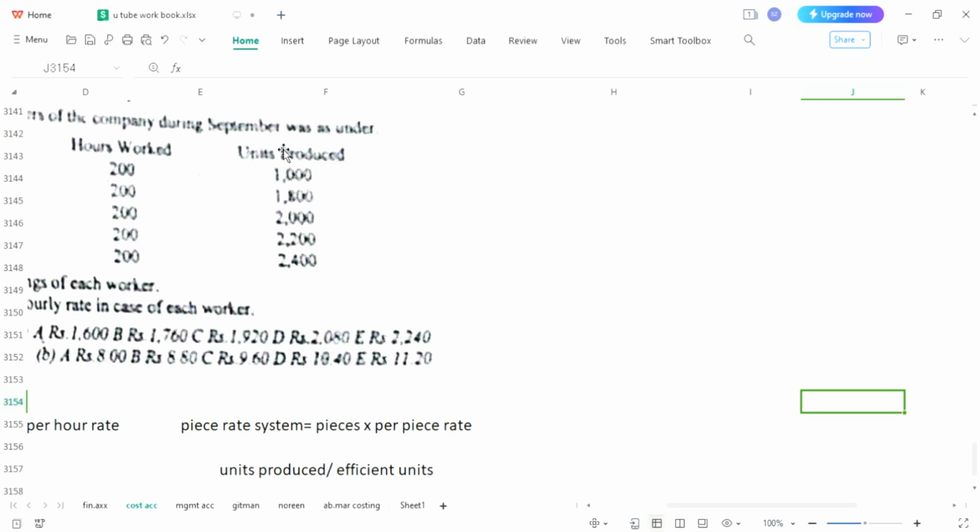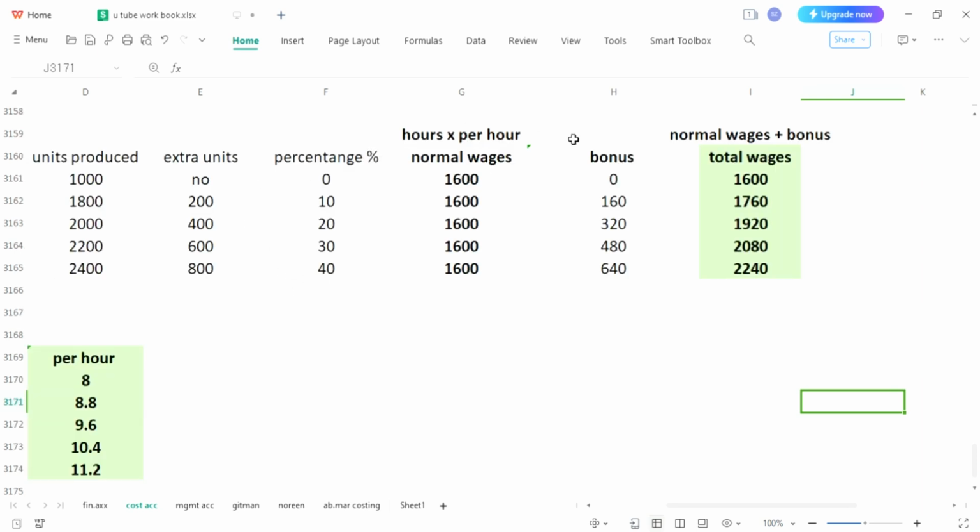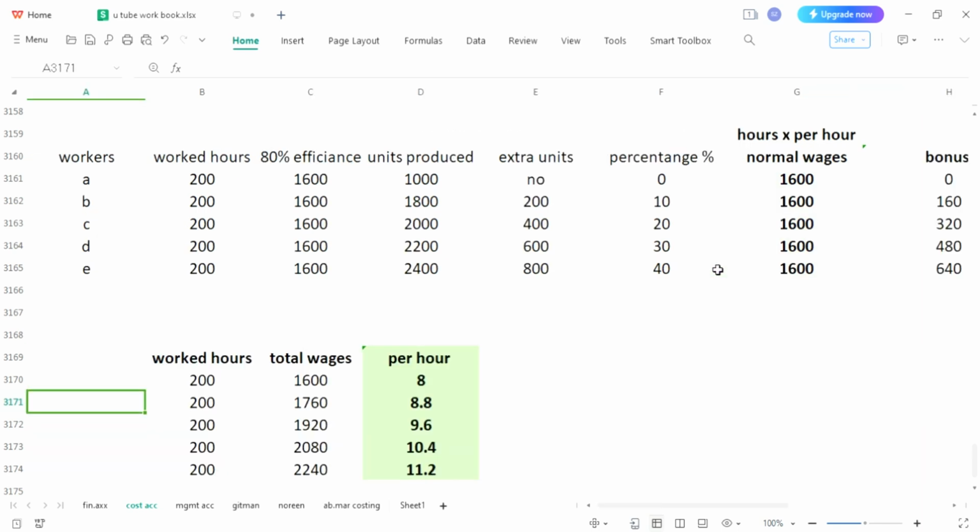Because the units produced by them are different. A produced the least number of units and worker E produced the maximum number of units. That is why A is receiving less and E is receiving a higher amount of wages. This is your per hour rate, which you calculated by dividing total wages by hours worked.